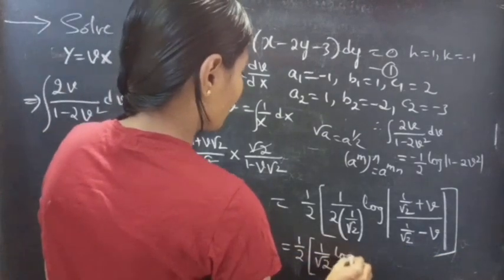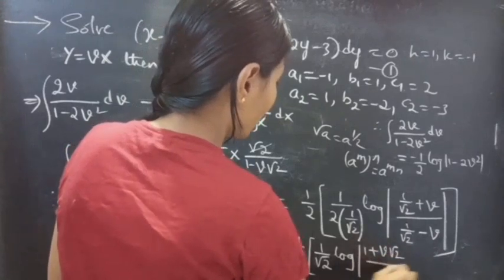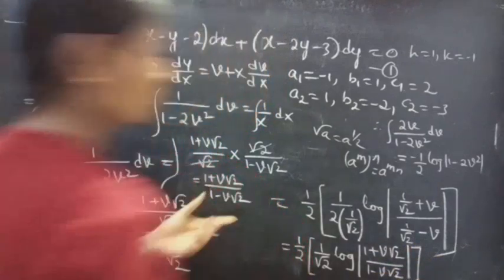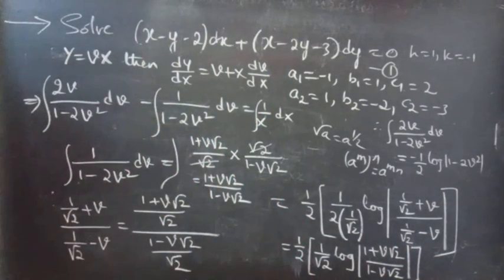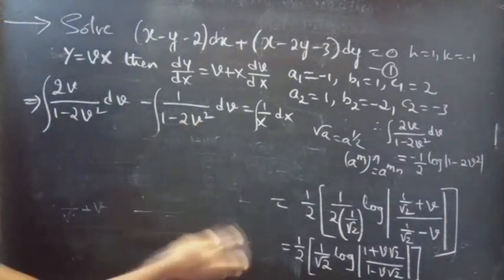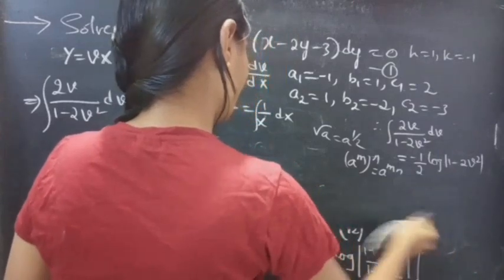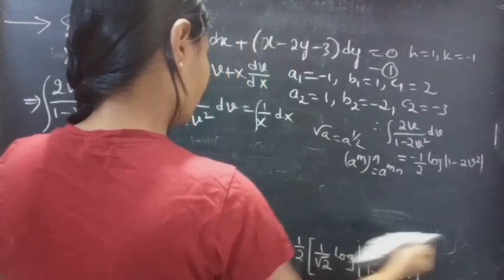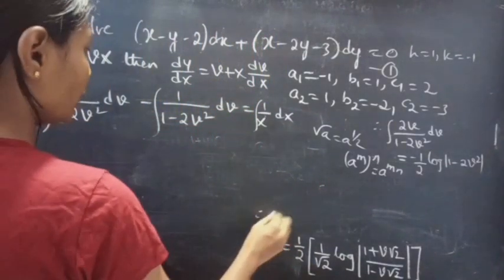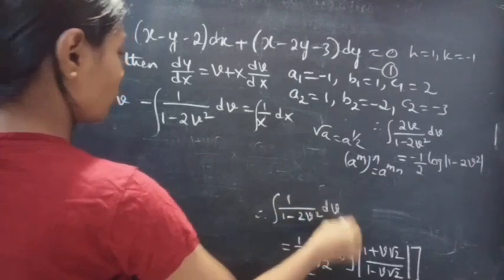You'll get log mod 1 plus v root 2 by 1 minus v root 2. This is a second integral, right? Therefore, integral 1 by 1 minus 2v square into dv equals to this one.